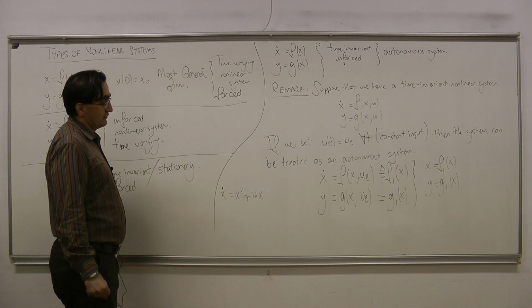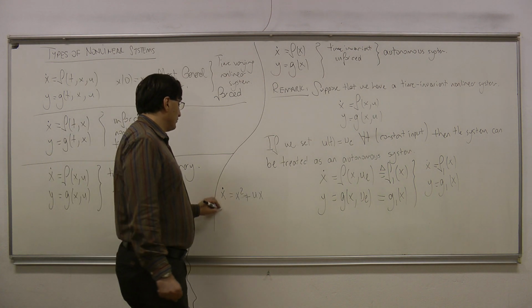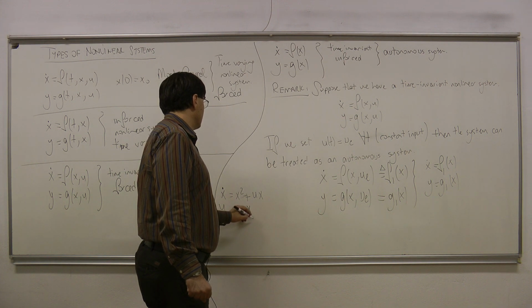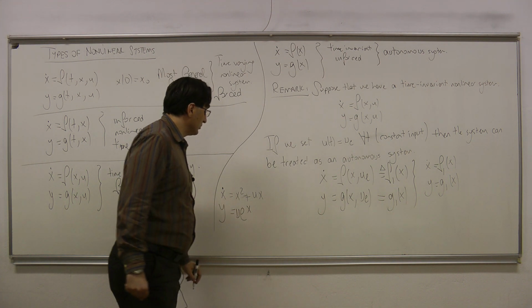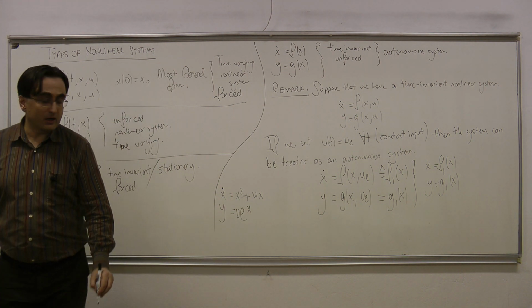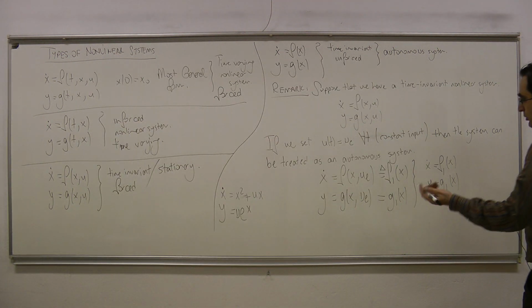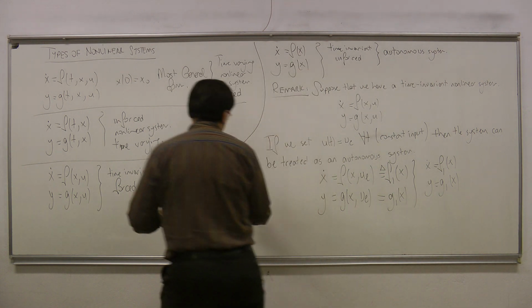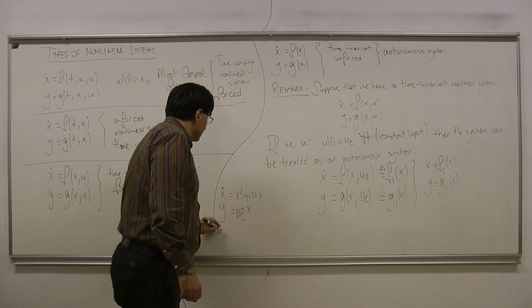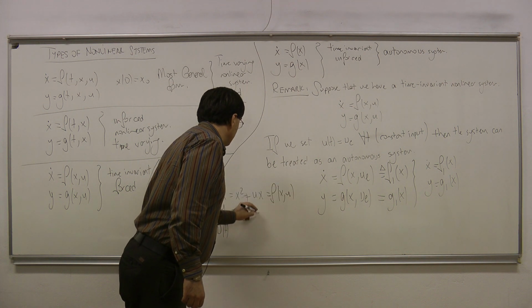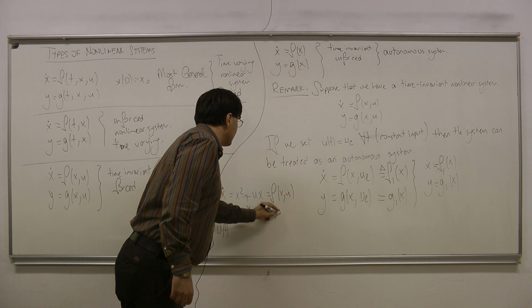Let us say that this is given like this, and y is equal to e to the x times u. Let us say that this is my original nonlinear system. Then suppose that I take the input u of t to be a constant. This is definitely like f of x, u, and this is like g of x, u.